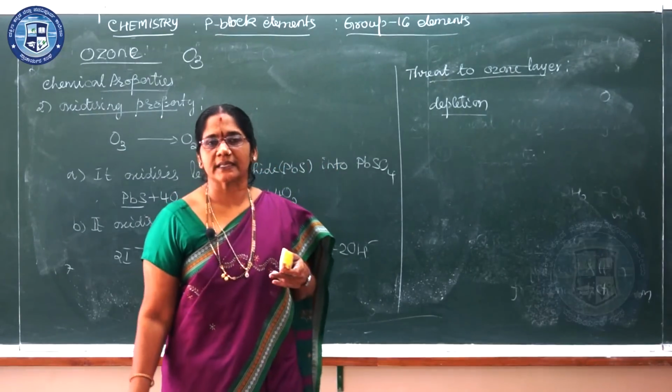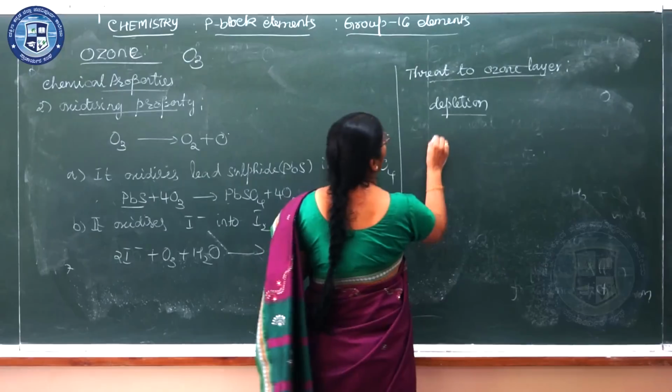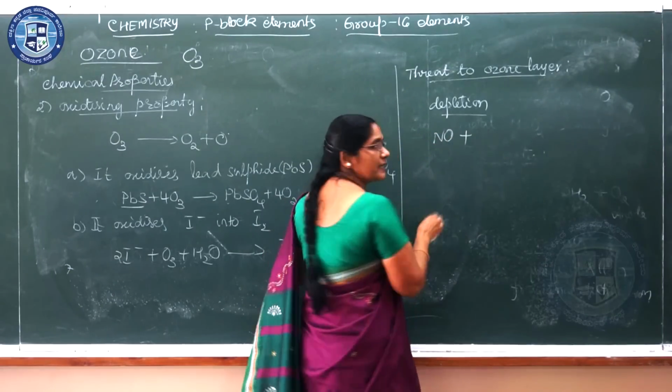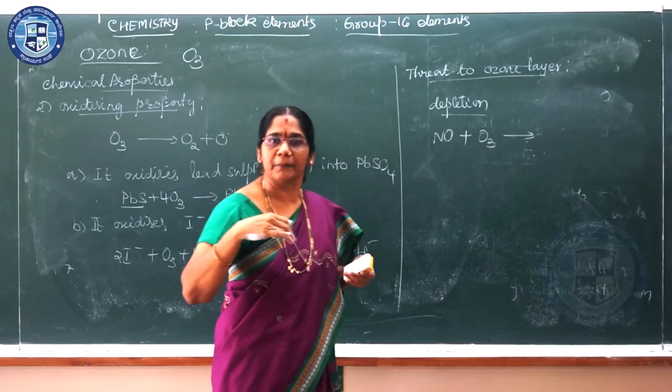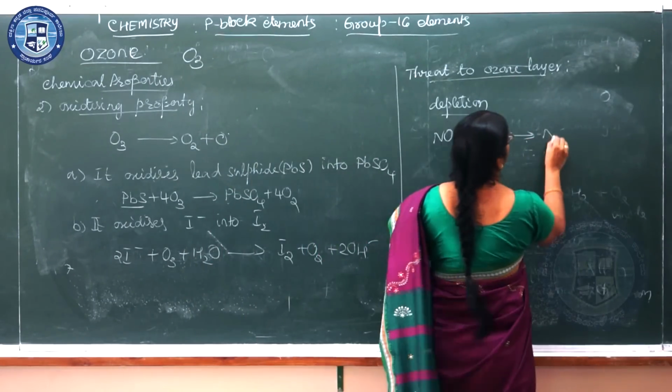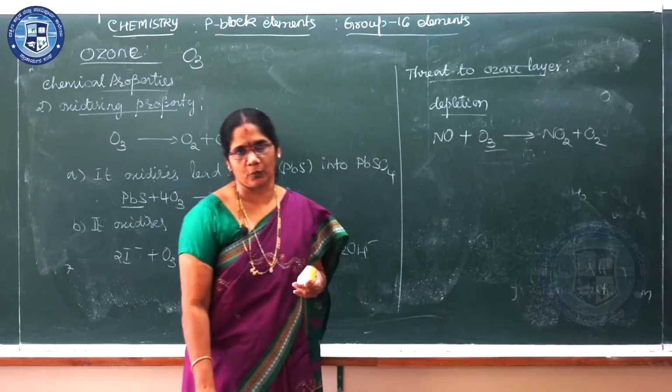Mainly the exhaust gases of supersonic jet aeroplanes contain oxides of nitrogen, especially nitric oxide. This reacts with ozone present in the ozone layer. So this much ozone is removed.